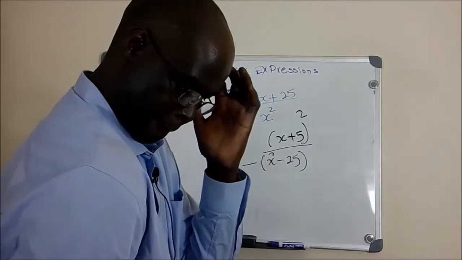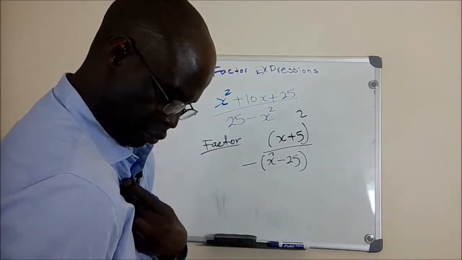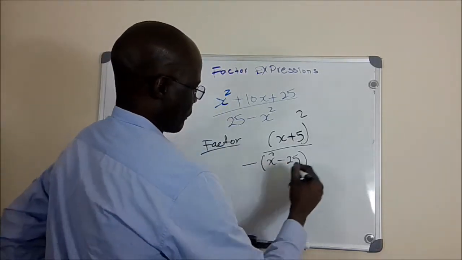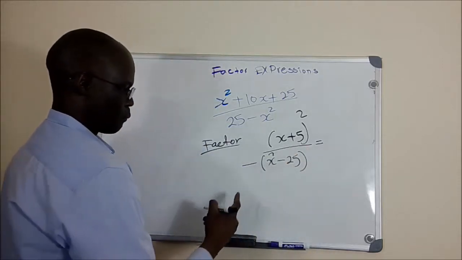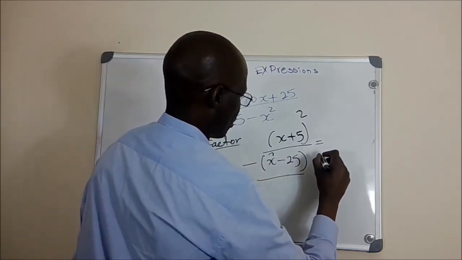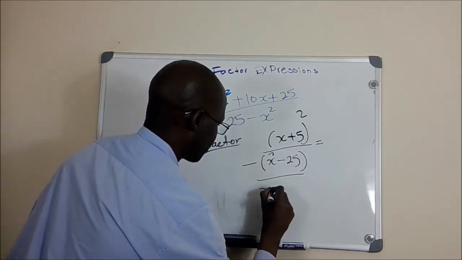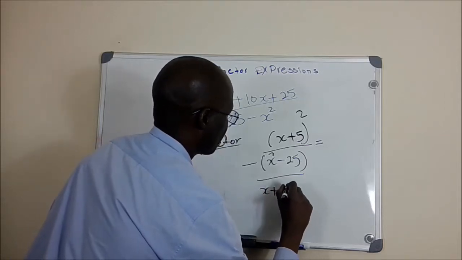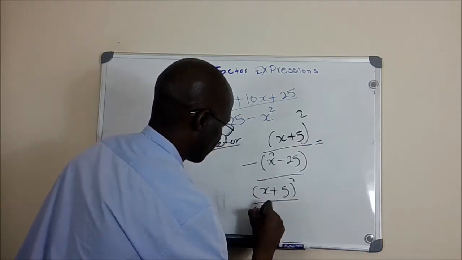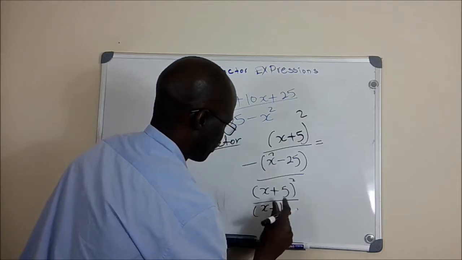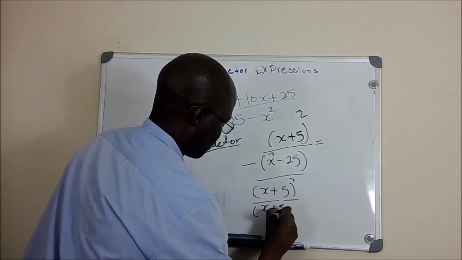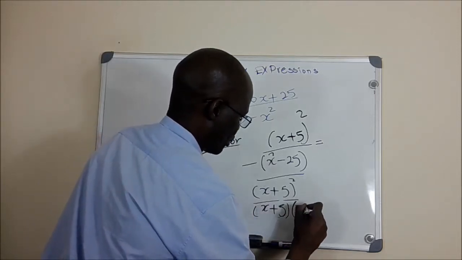And the 25, so it should be x plus 5 all power 2 divided to x plus 5, x minus 5.